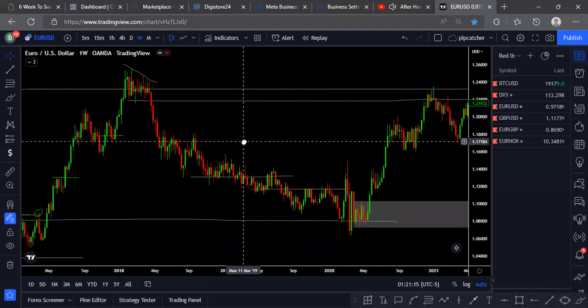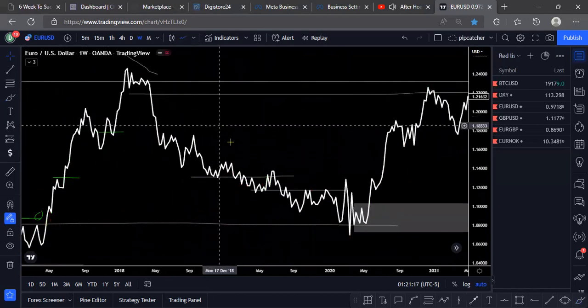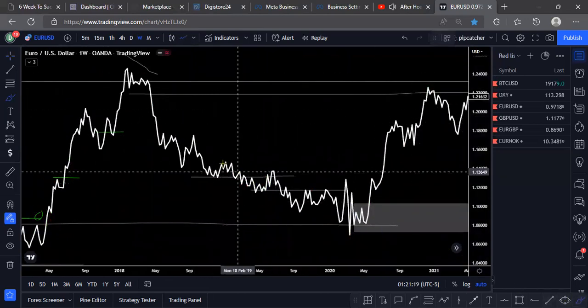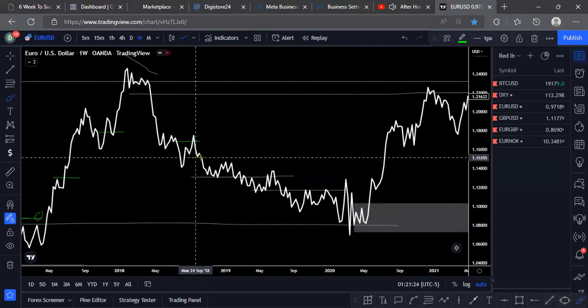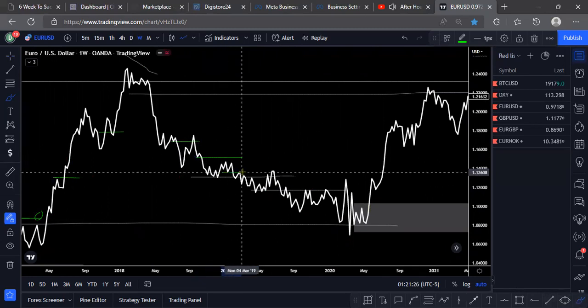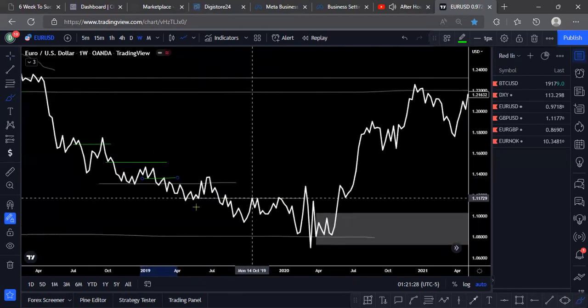So I'm just marking up, doing my own thing, studying, seeing breaks of structure, retest, break of structure, retest, break of structure, retest.